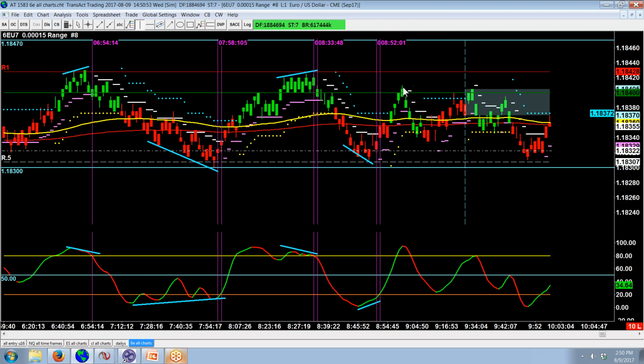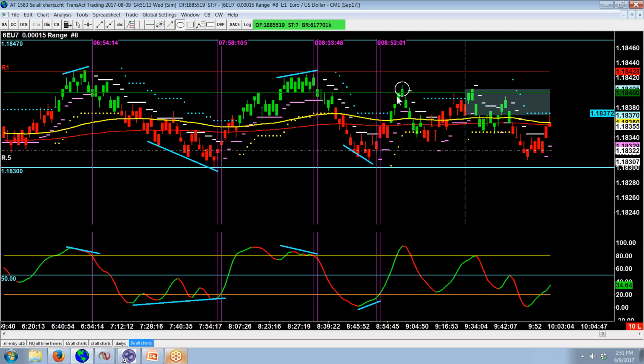And again, I'm looking to ride it up to resistance. Now here, when we make our way up to resistance, I don't have any divergence. So I'm not interested in trying this again. So basically we got 4 opportunities, just before 7 to just before 9.